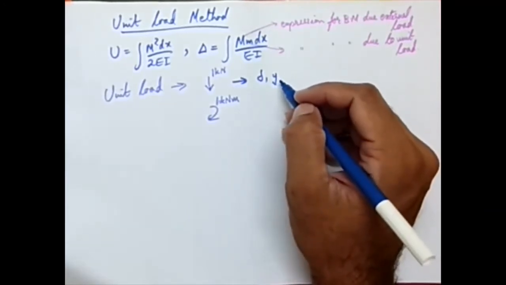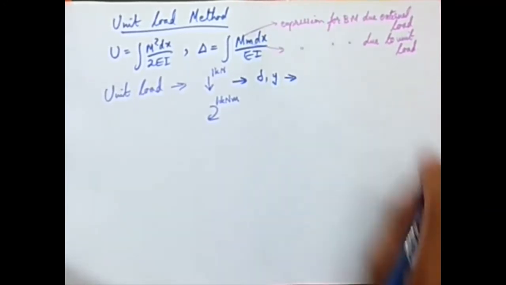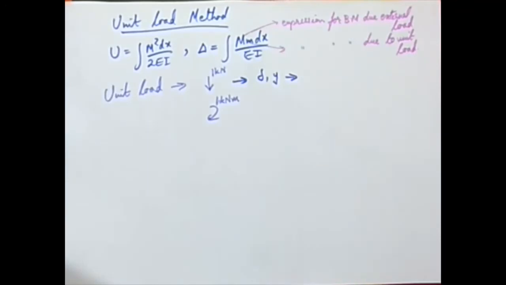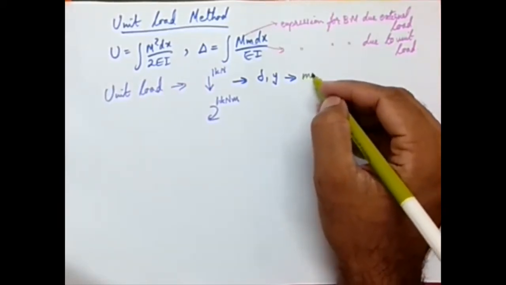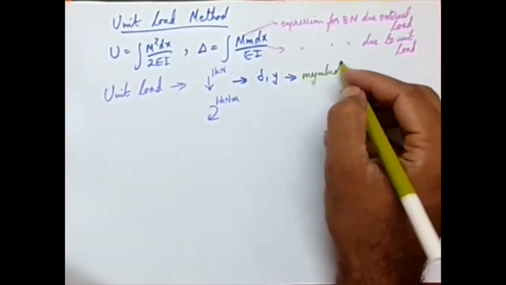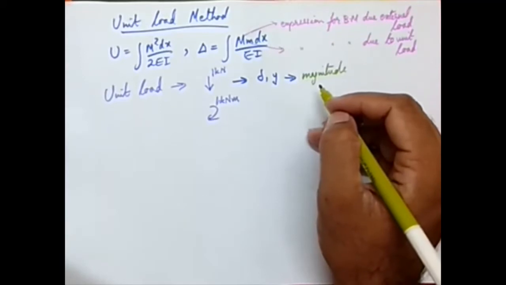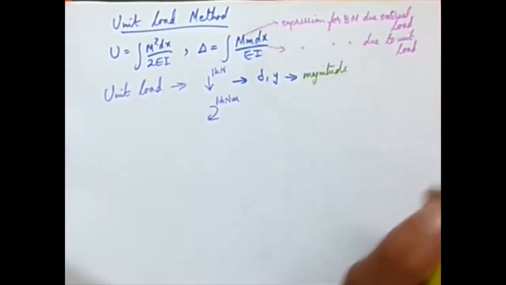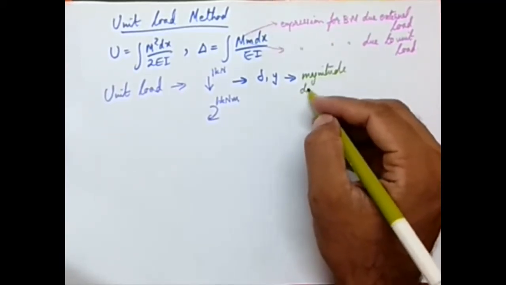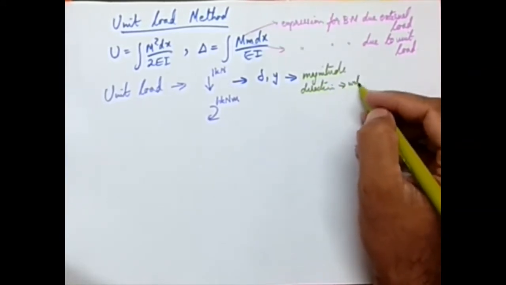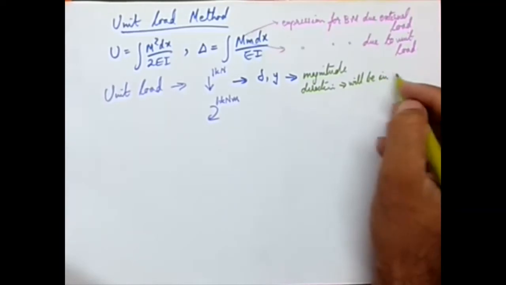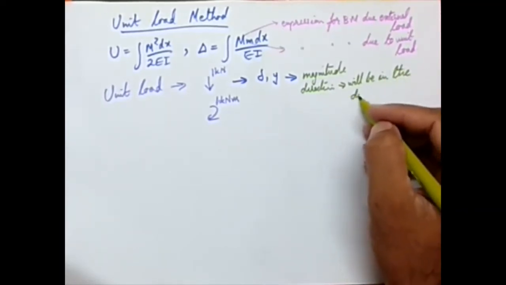The deflection we will be getting has two particular parameters or characteristics. One is the magnitude. The second is the direction, and the direction of displacement will be in the direction of the applied load.